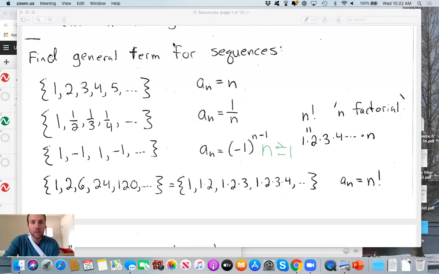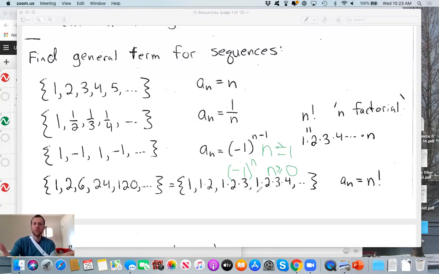Another option is you could have -1 to the n for n greater than or equal to 0.